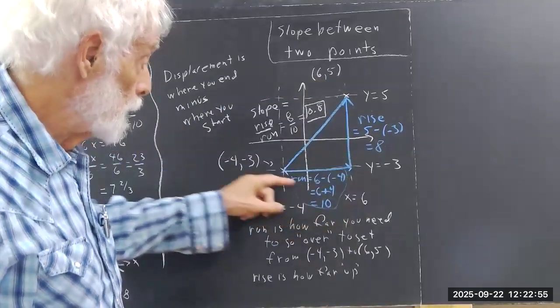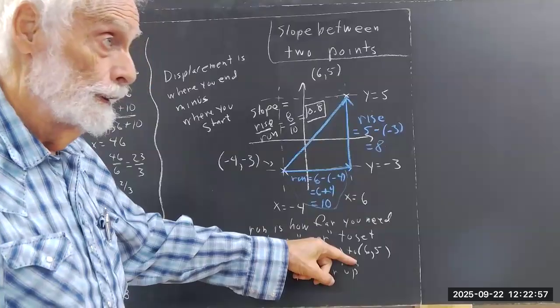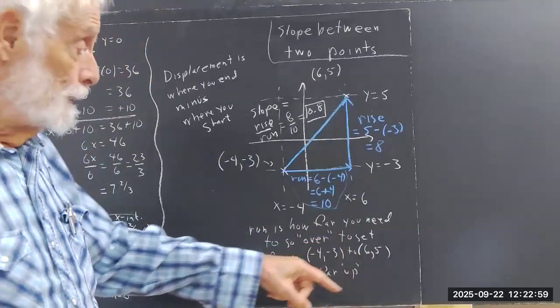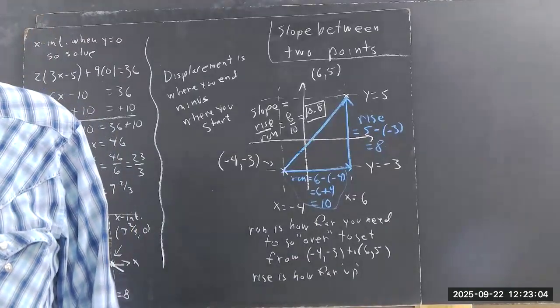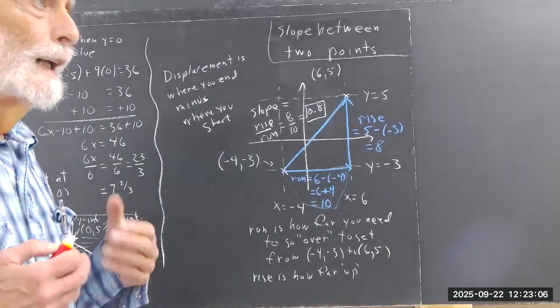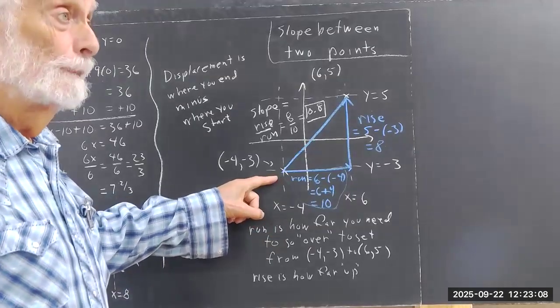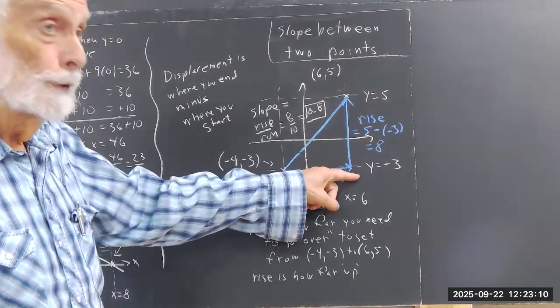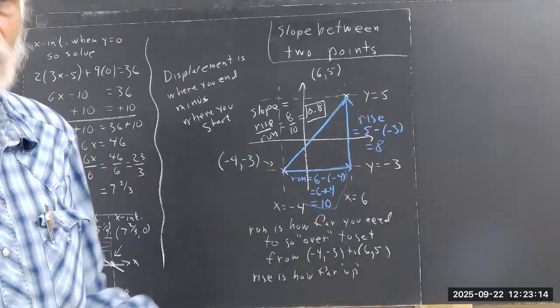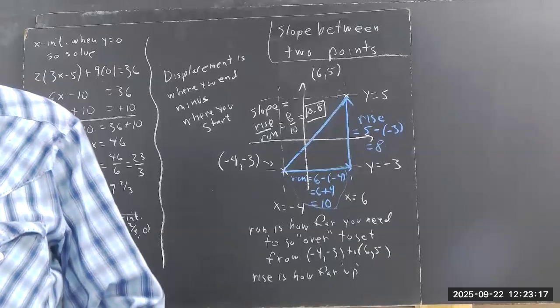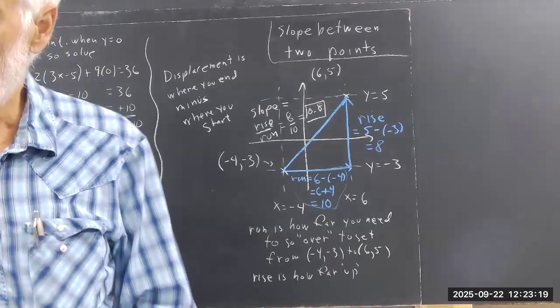Now, if this point was lower, I'd have to move to the right and then down. And my up would be a negative number. Okay. I recommend we always start at the leftmost point, so the run will always be positive. So we're always going left to right. Not necessary to do that, but it avoids confusion.